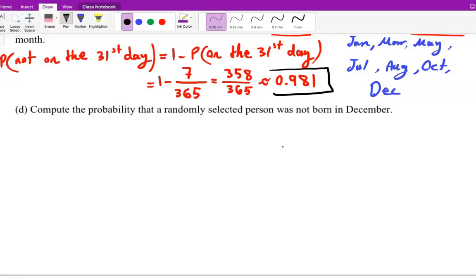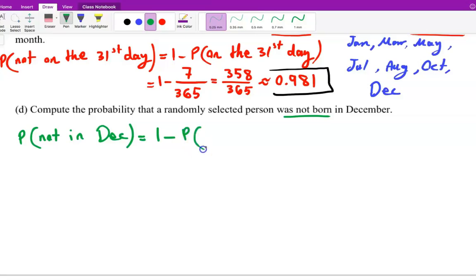Part A, compute the probability that the randomly selected person was not born in December. Again, not. So it's not in December. You should subtract, 1 minus probability of being in December.